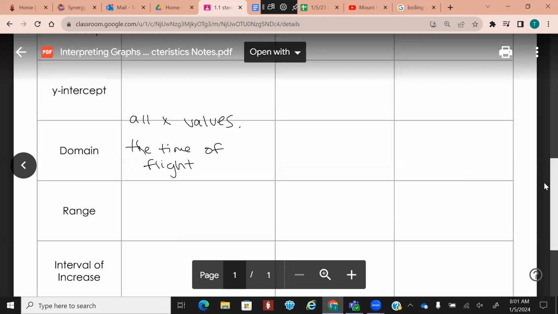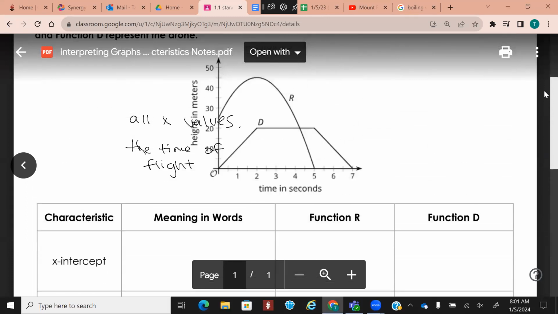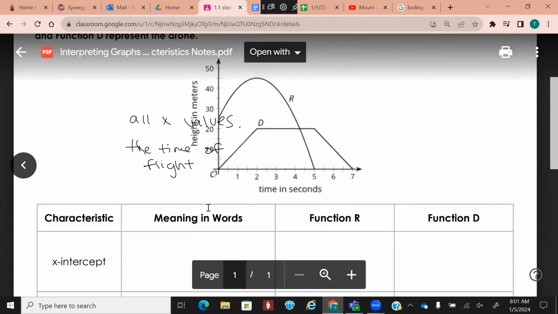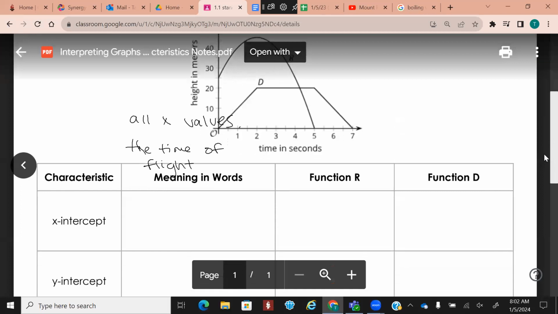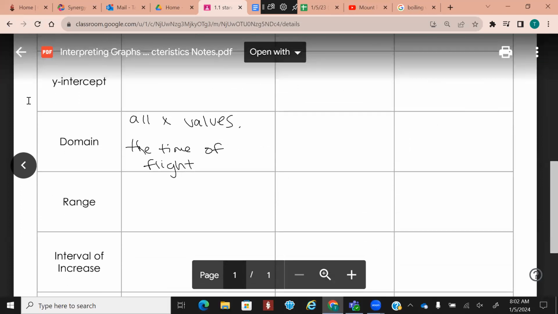So when we look at this, how long is the rocket in the air for? For 5 seconds. It's from 0 to 5, right? So when we come down here, we're going to write from 0 to 5.